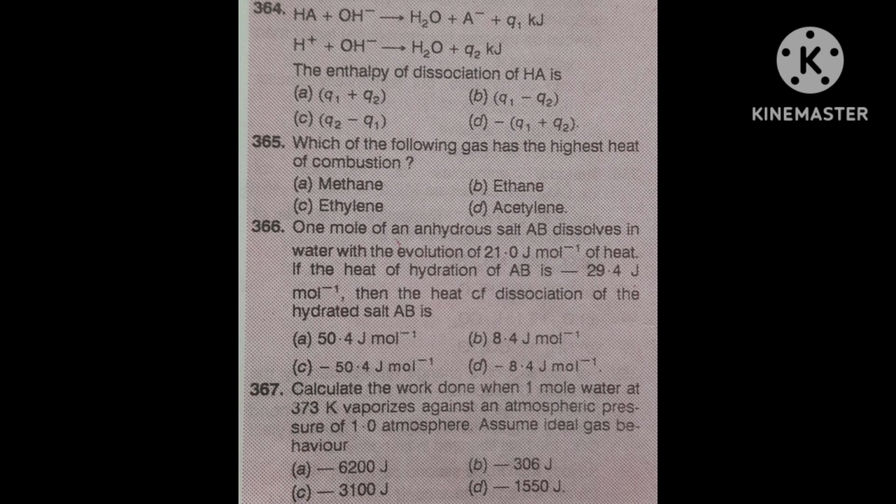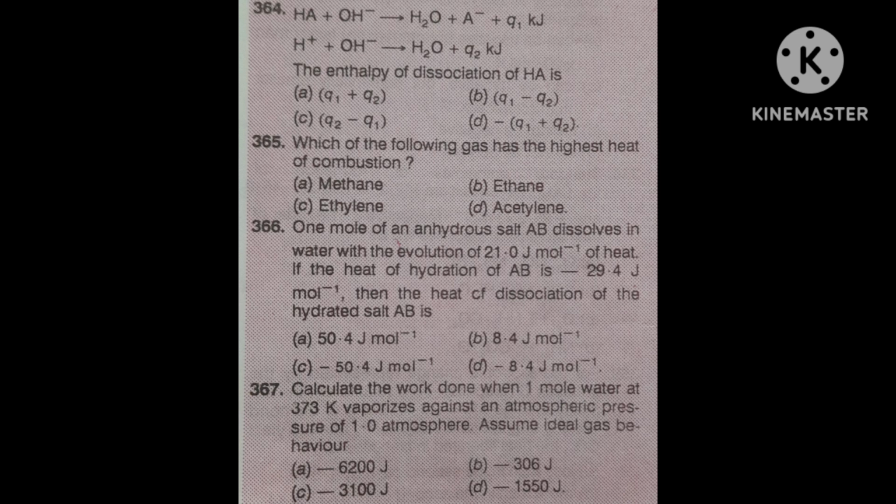You have to calculate it. Then here, equation 1 is equivalent to: AB solid plus xH2O forming AB·xH2O. Suppose that time the delta H value was delta H1. And AB·xH2O solid plus aqueous, forming AB aqueous.